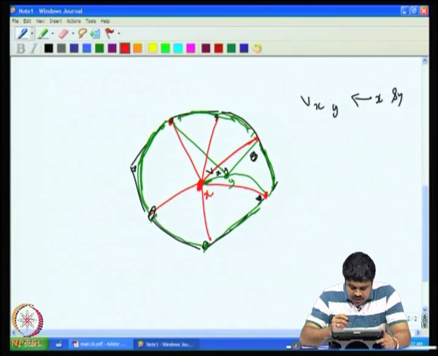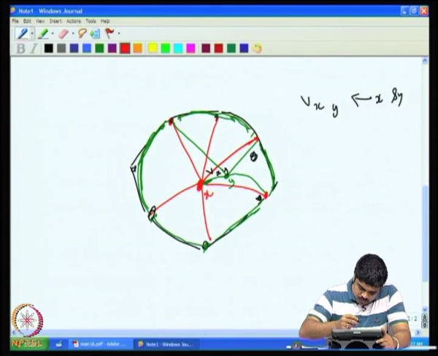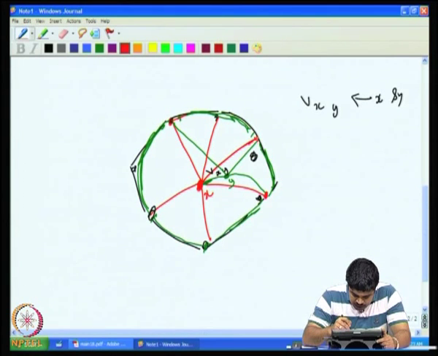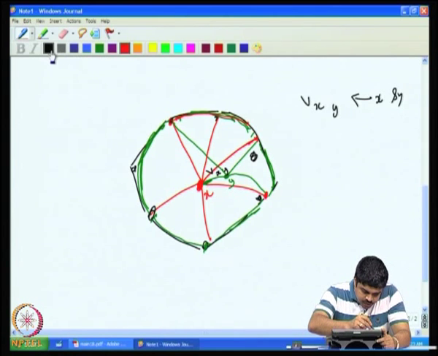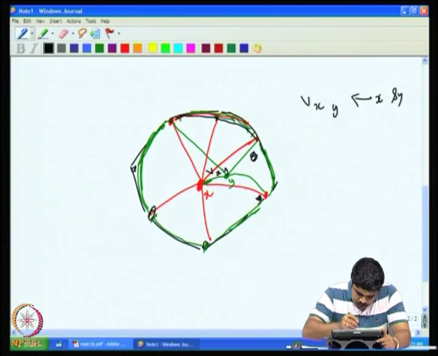So then you can see that these 3 neighbors together will form a triangle.